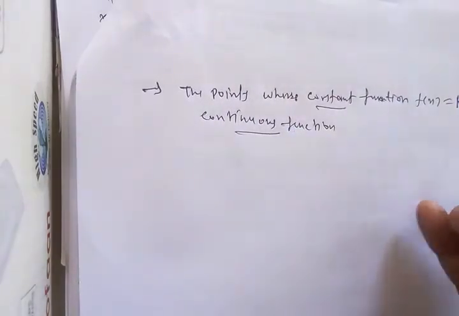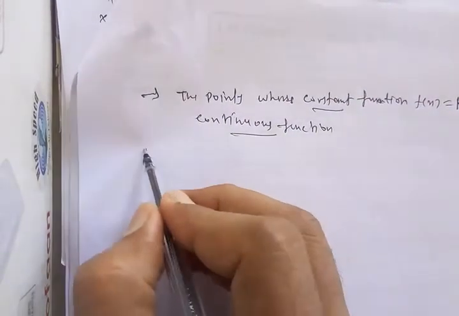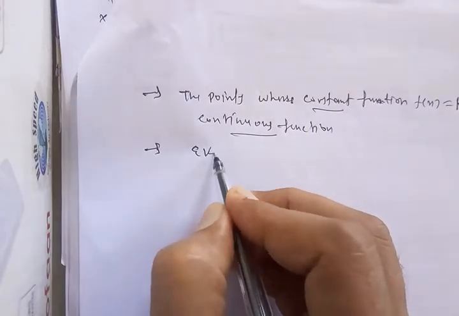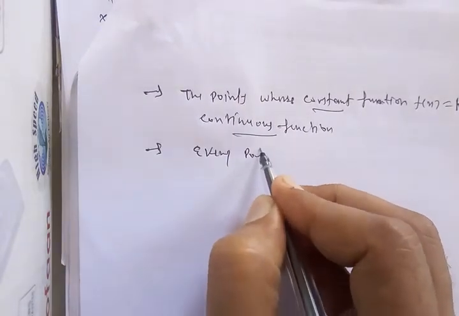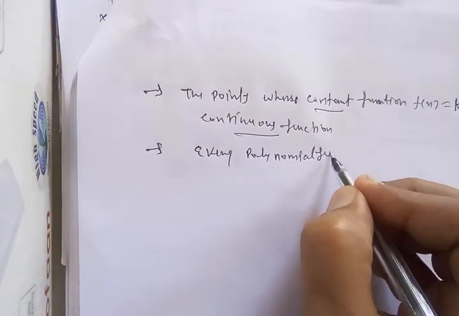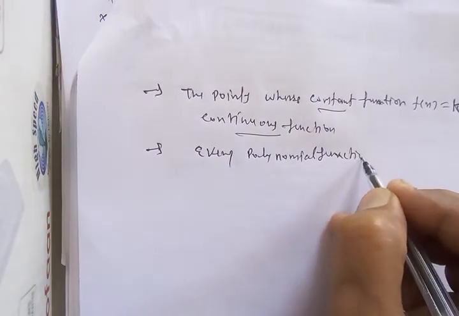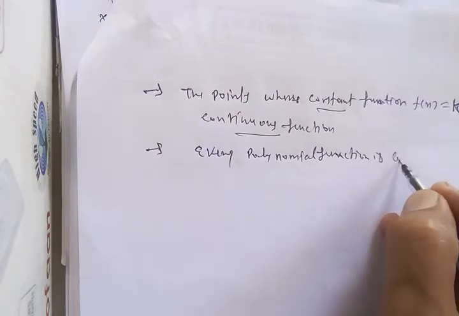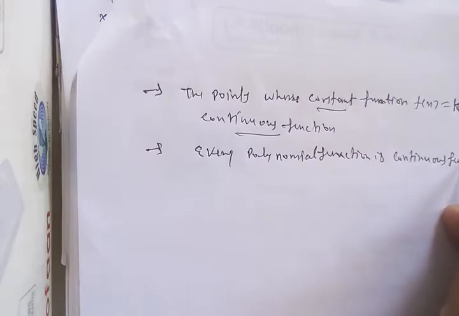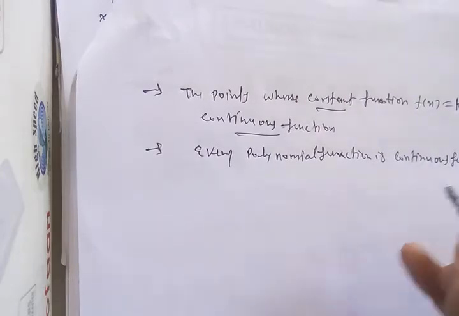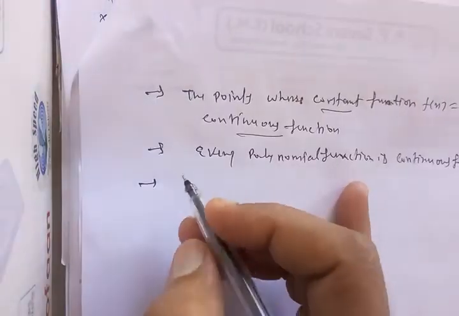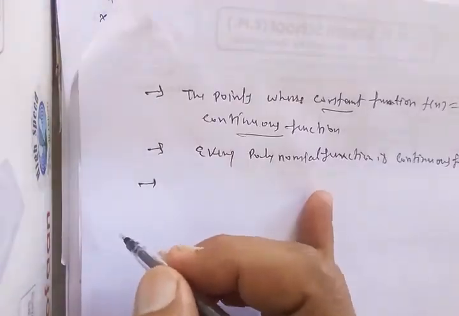If the function is constant, it is also continuous. Second point, every polynomial function is a continuous function.